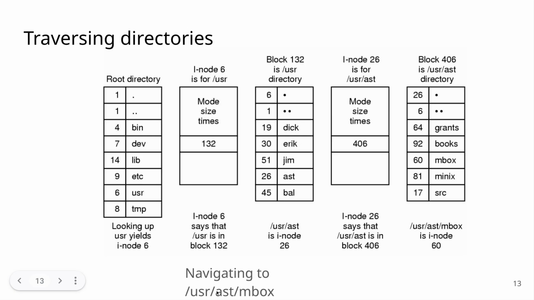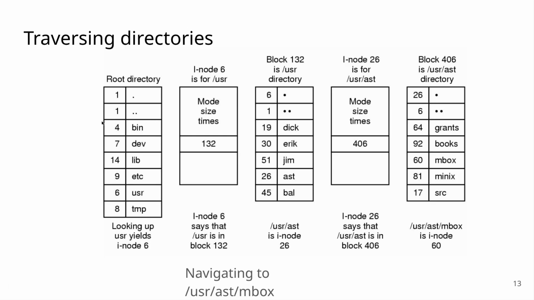We have first the /usr directory, then a user called AST, and then a file called mbox, which is probably the user's mailbox in the 90s. So let's start from the root directory. You can see the inode numbers on the left and the names on the right.